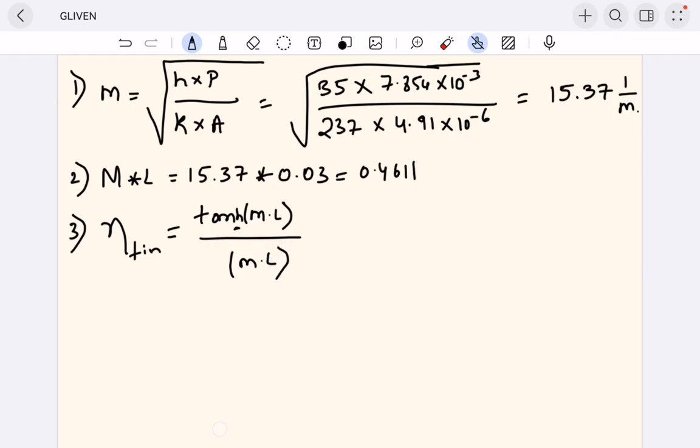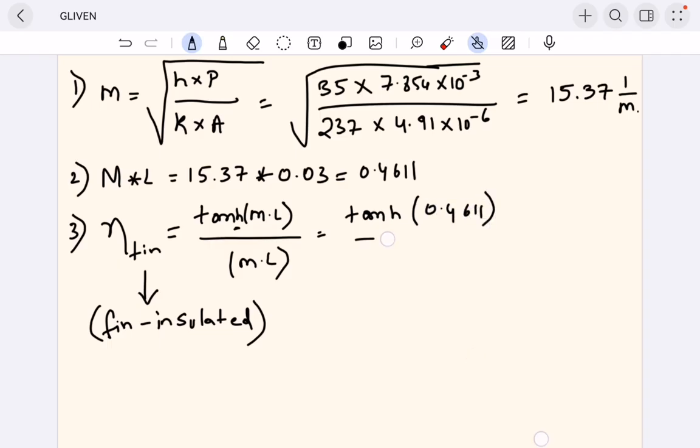Now remember, this is in the case when the fin tip is insulated. Now this formula is available in the table in the formula sheet. So that's tanh of mL, 0.4611, divided by 0.4611. So we get the efficiency of the fin at about 93.47%. That's the efficiency of the fin when the fin tip is insulated.